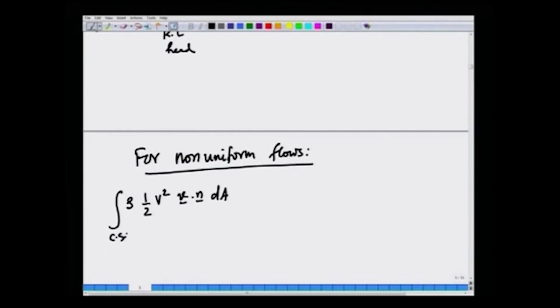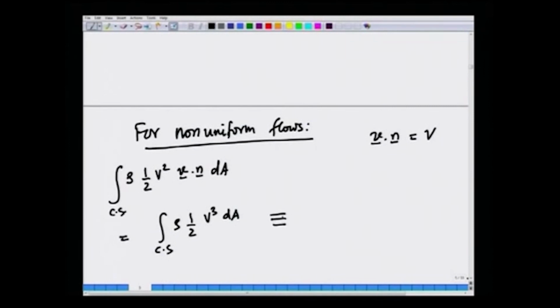If you are considering the outlet, v dot n is positive; for the inlet, v dot n will be negative. But essentially you will have to evaluate an integral of the form half v cubed dA, where v is a function of the cross sectional area. Now, you want to be able to write this in the form of a new correction factor alpha times half v average cubed, times rho V A, which is m dot.